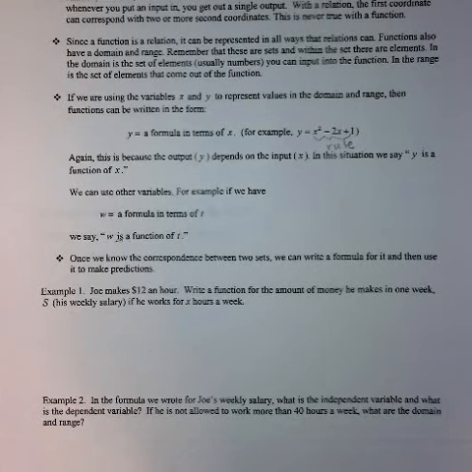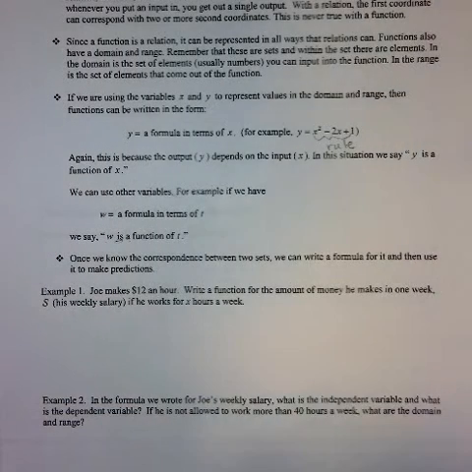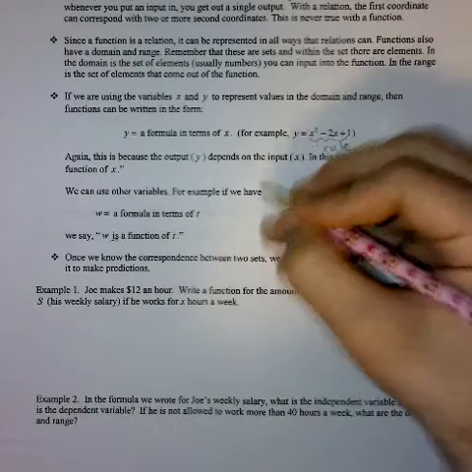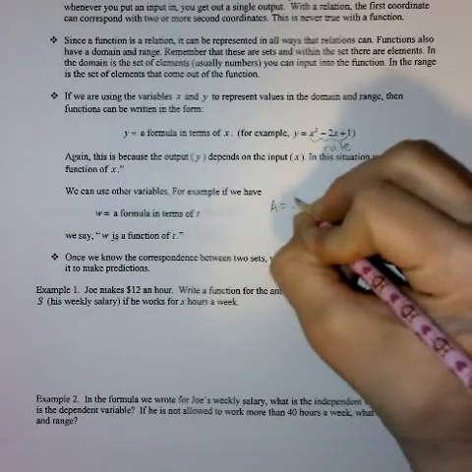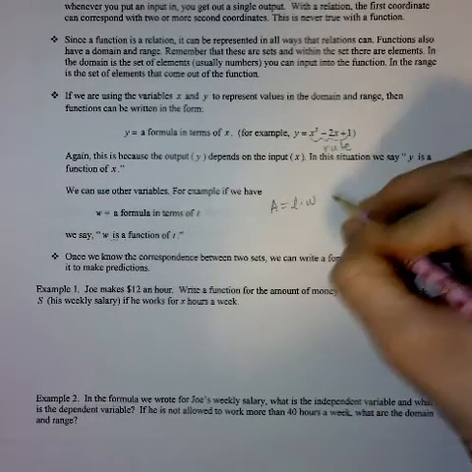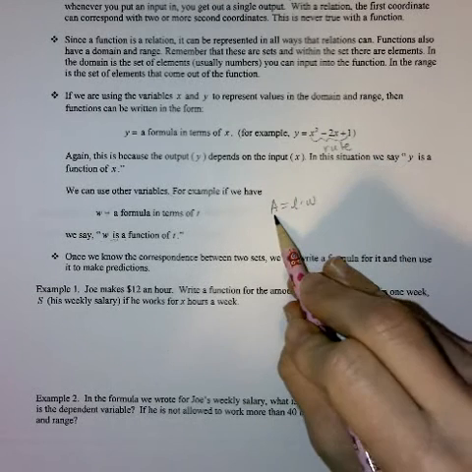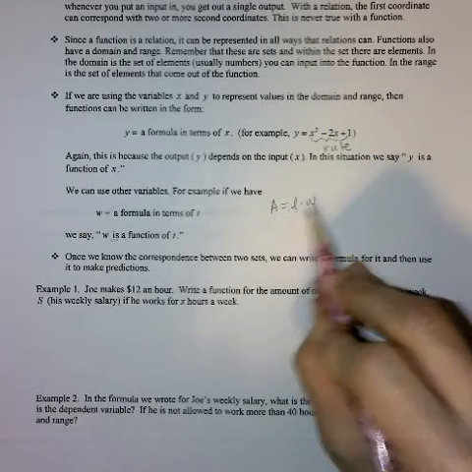If there are 2 variables, it's okay to have 2 variables, but then it's a function of 2 things, not just one. For example, in the area formula, length times width, for a rectangle, the area of a rectangle is a function of both its length and its width.